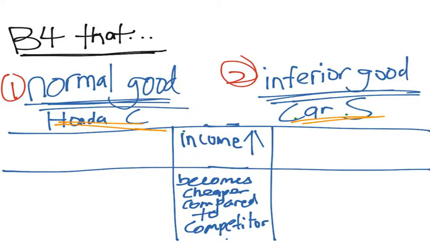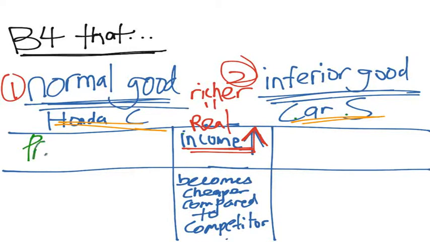When our real income, remember it's real income, increases, what this means is we become richer, and when we become richer, we will consume more. We will prefer normal goods, meaning the demand for normal goods will increase.